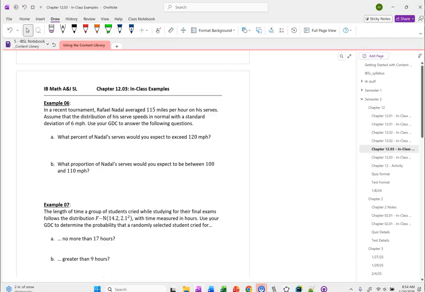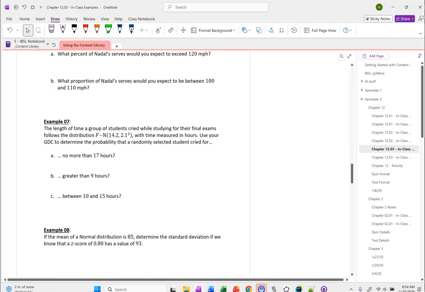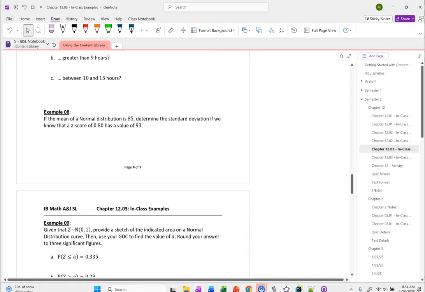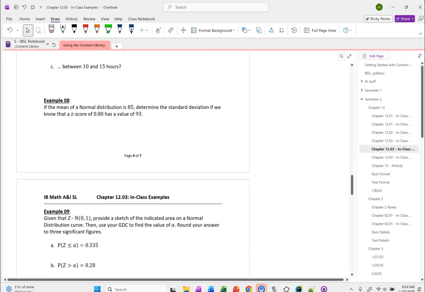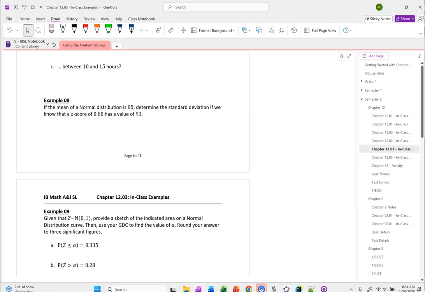Let's see. Let's do example 8 here. This says if the mean of a normal distribution is 85, determine the standard deviation if we know that a z-score of 0.8 has the value of 93.